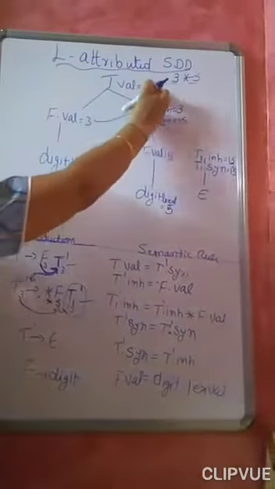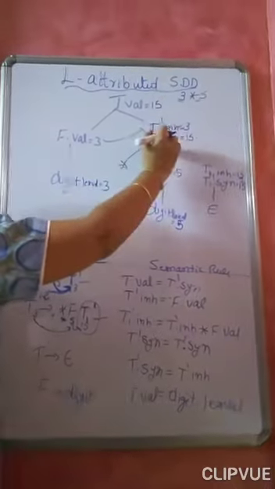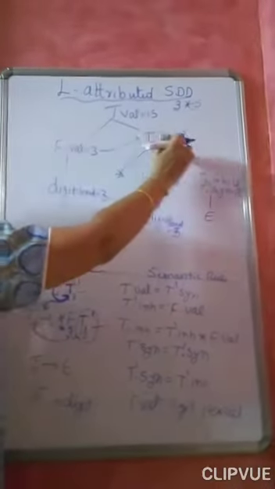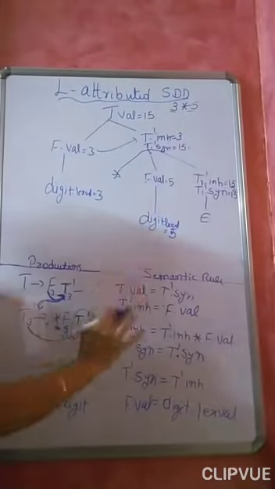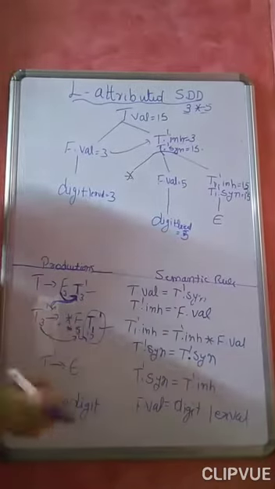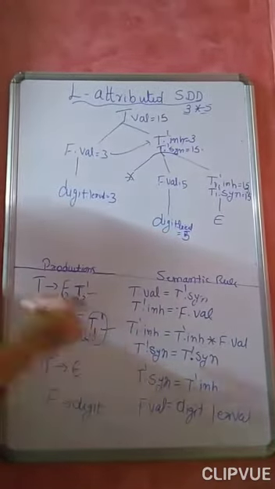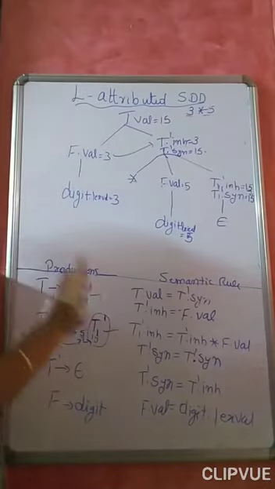So this T dot value is 15. How did it come? It is T dash synthesized or T1 dash synthesized, that doesn't matter. So T dot value is equal to T dash synthesized. So these are the semantic rules that you have. Don't get too confused here.